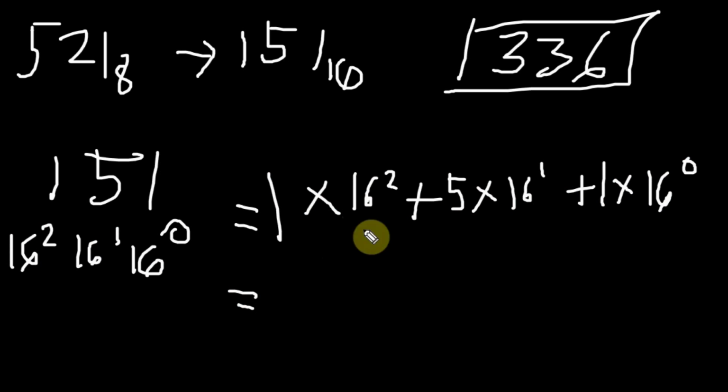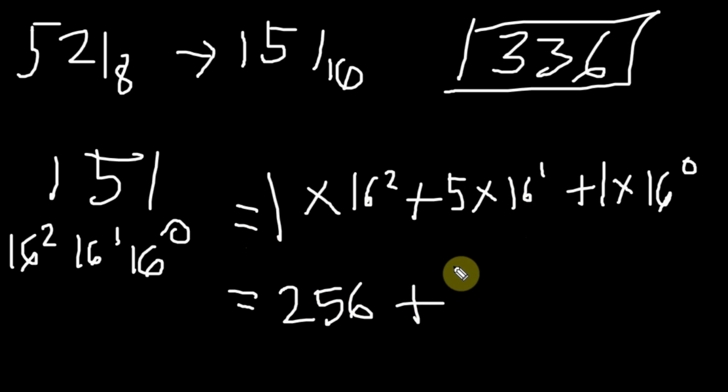So 16 to the power of 2 is 256 times 1 is equal to 256. 16 to the power of 1 is 16 times 5 is equal to 80. Plus 16 to the power of 0 times 1 is equal to 1. So 256 plus 80 plus 1 is equal to 336.